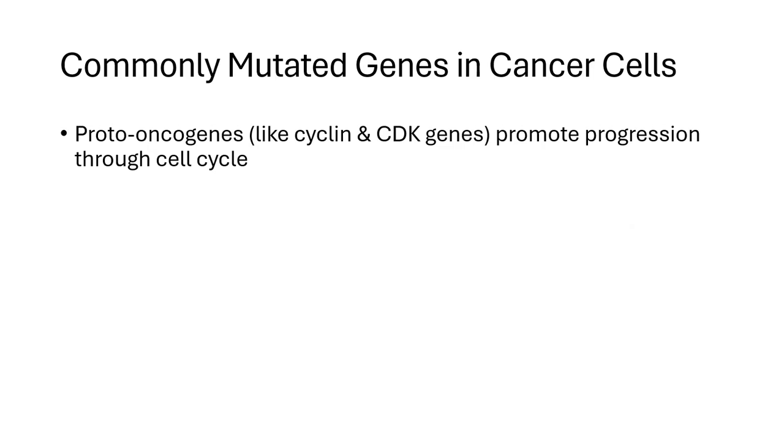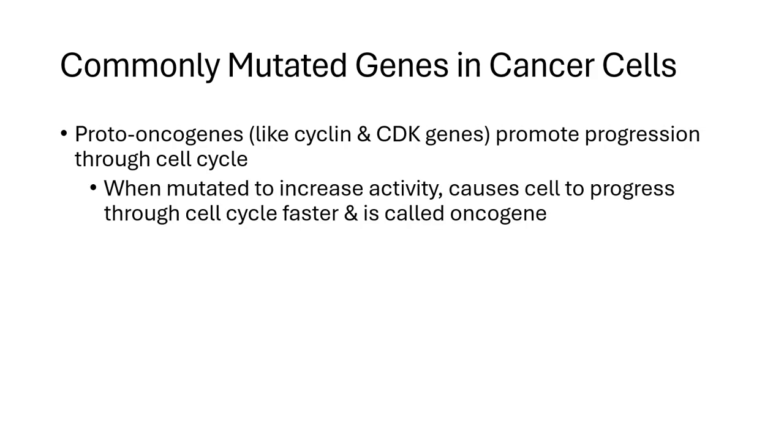So, what are some of the genes that are often mutated in cancerous cells? There are two different classes. There's proto-oncogenes. These are things like the cyclins and the CDKs that usually allow a cell to progress through the cell cycle. If they have a mutation that makes them extra active, so they don't even check for the proper damage before they allow the cell to progress through the cell cycle, they're called an oncogene.